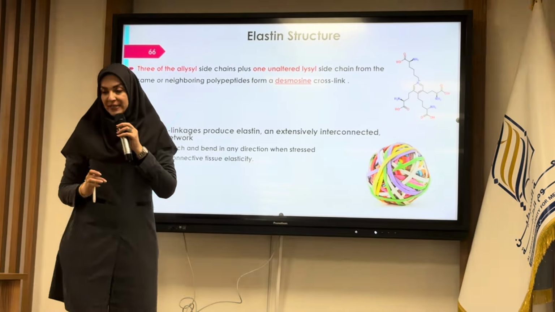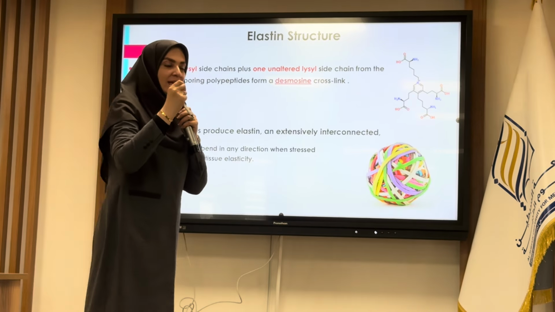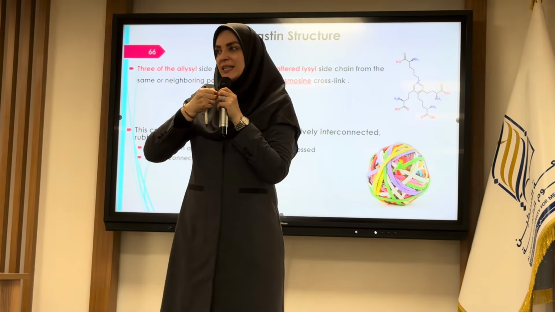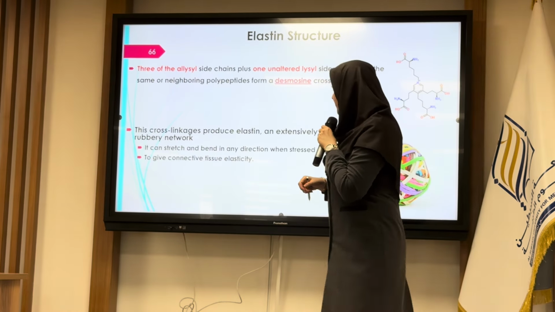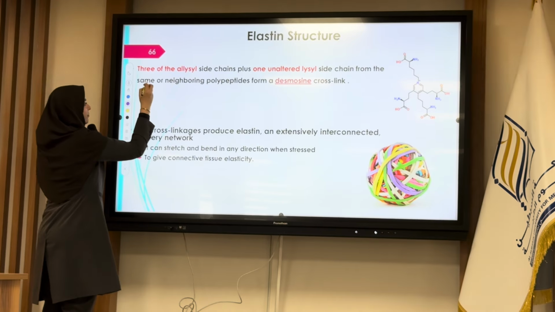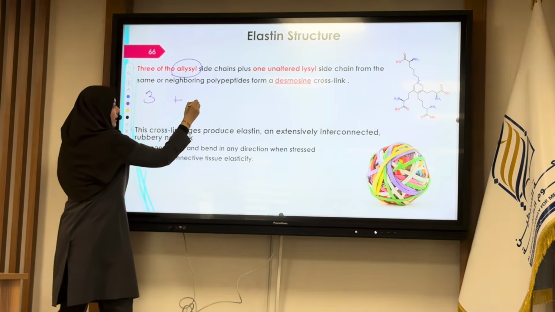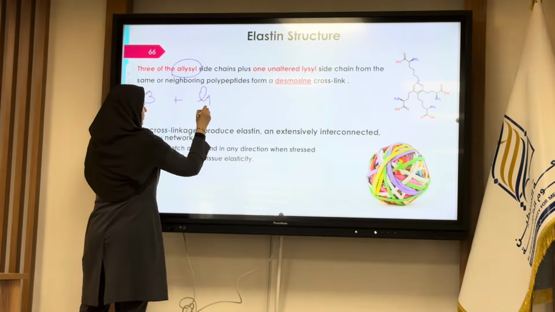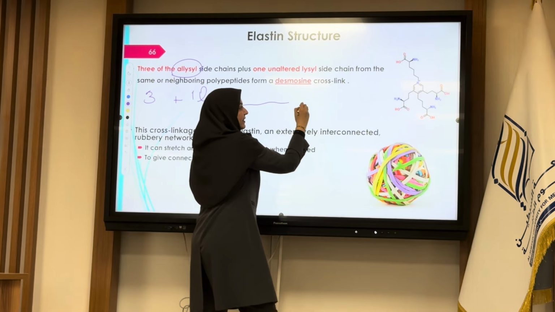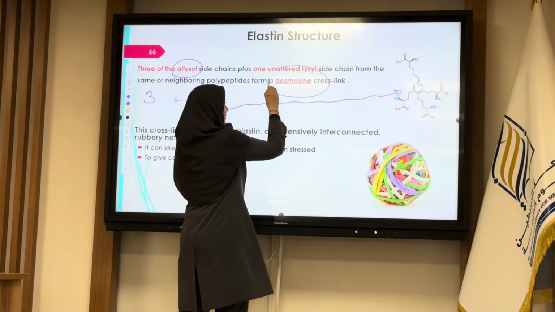Whenever we say we have a stretchy form, you can have elasticity. Which structure provides this stretch? You should know that 3 allysine bind to 1 lysine, and they form this structure, known as desmosine.